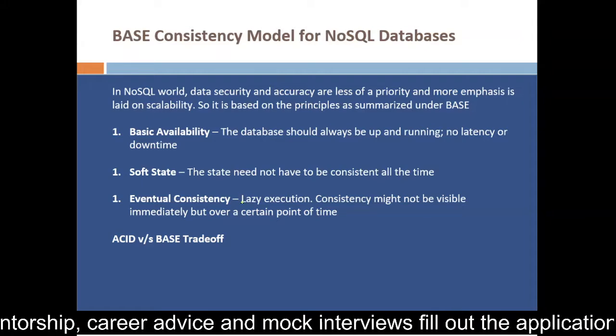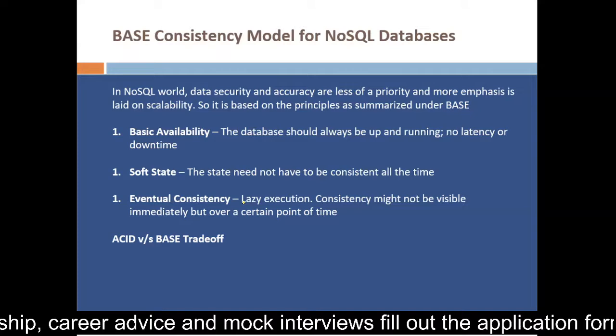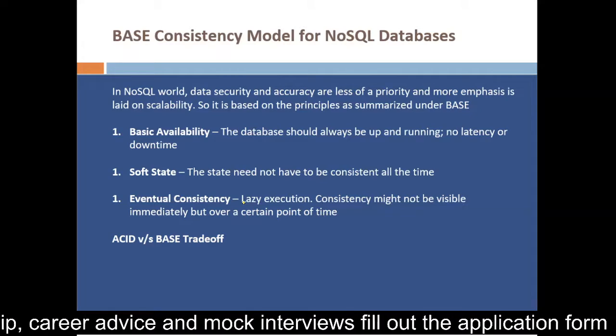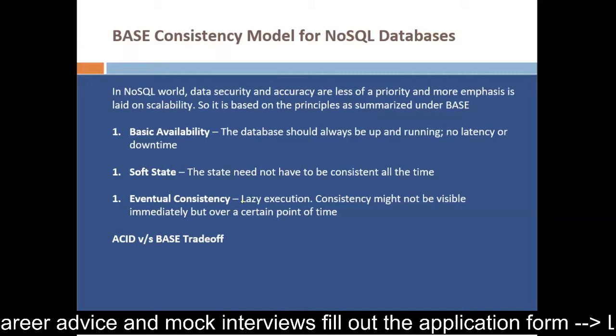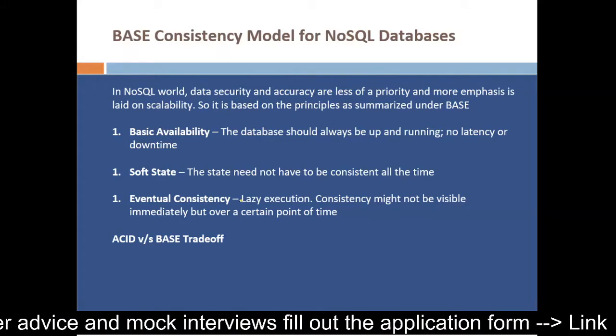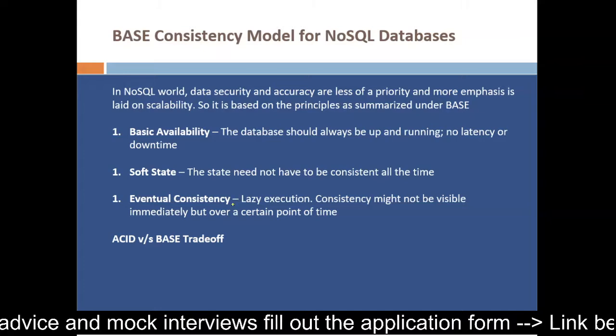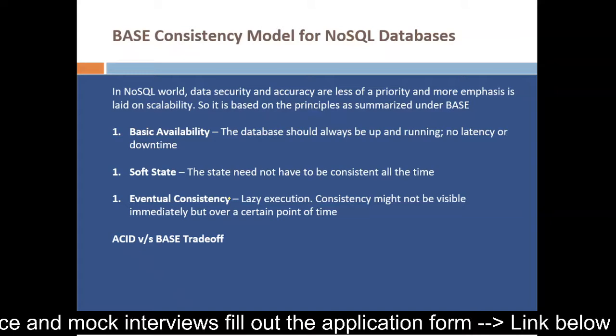And it should also adopt the principle of eventual consistency, which is to do with lazy execution. That is, the consistency might not be visible immediately as soon as you carry out a particular transaction, but over a period of time, it definitely should achieve consistency.